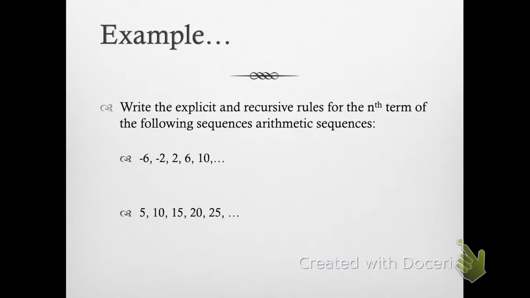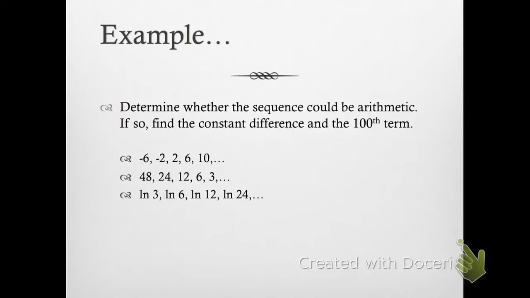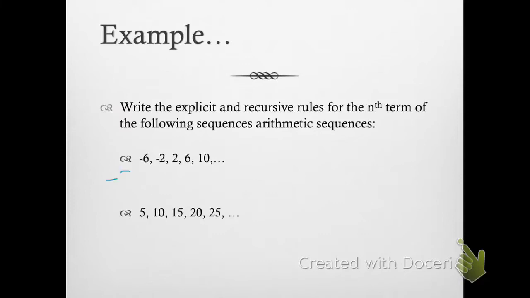So we'll go ahead and start with ones that are definitely arithmetic. I can do a double check real quick. -2 minus -6 is equal to +4. 2 minus -2 is equal to +4, etc. But we don't need to keep doing that.